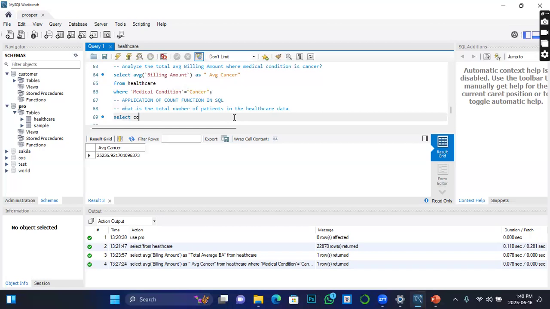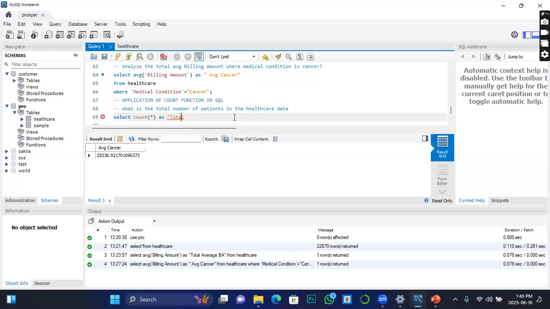Select count, asterisk, from where? Okay, let's say as what? Total, sorry, I need to put my string.